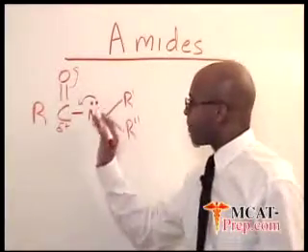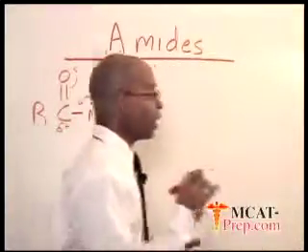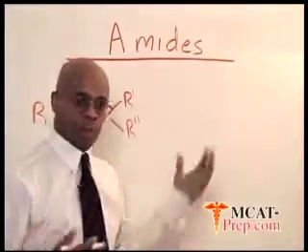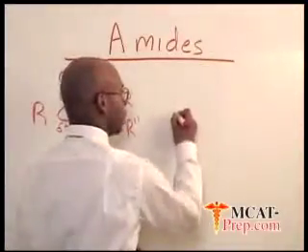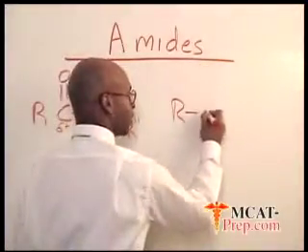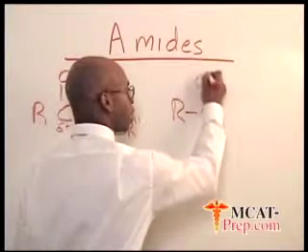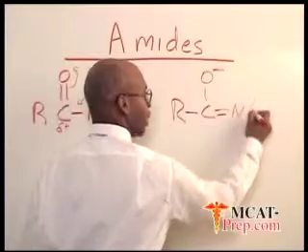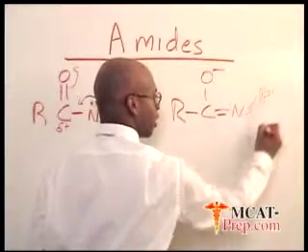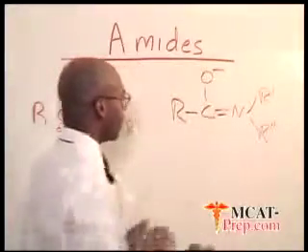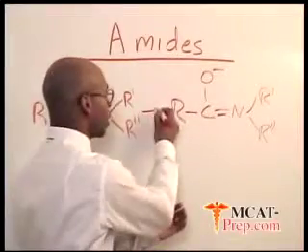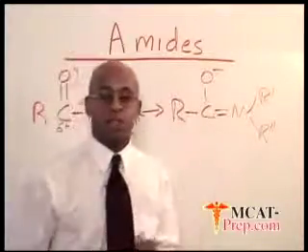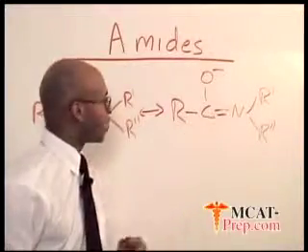So then we can imagine that one of the resonance structures that we can write for this compound would be R bonded to carbon, oxygen with its lone pair, double bonded with the nitrogen, and then we have R prime, R double prime.